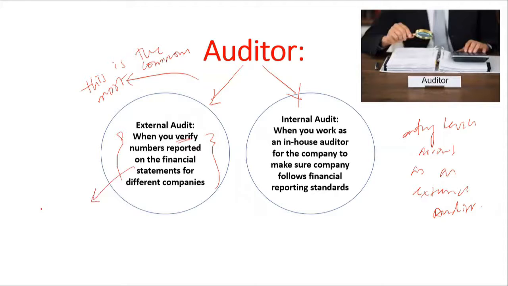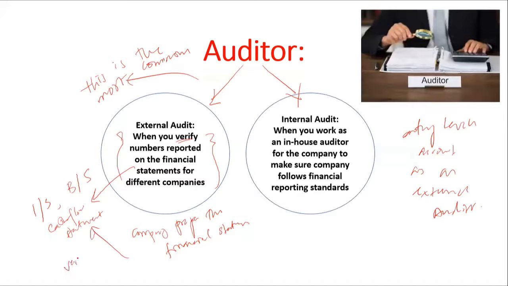What are those financial statements? They are the income statement, balance sheet, and cash flow statements. Basically, the company prepares the financial statements, and an auditor verifies those numbers. And you do it for different companies, therefore it's called external auditing.